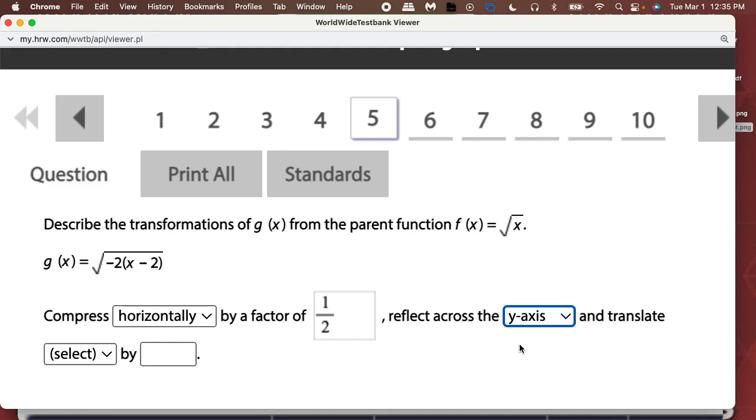Therefore, it reflects across the y-axis from right side to left side. Then there's only one translation. It's to the right. And it's 2 as well, right here, the h guy. So its square root function would start at 2, 0 if you drew it as a graph.